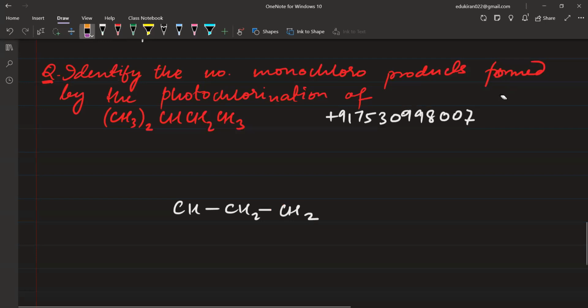Yes. That means we have two branches. Brackets जितने हैं न? So we have two branches and both have CH3.